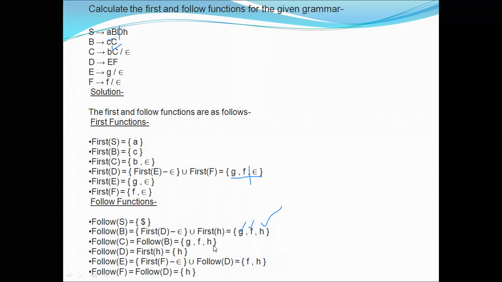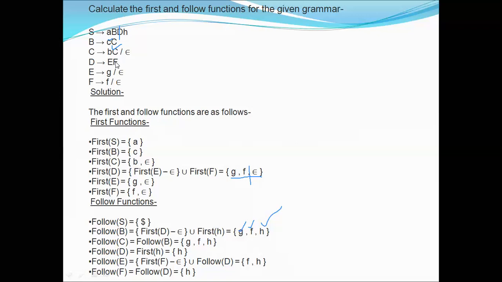So G, F, H. Okay. Now if you are finding the follow of D, D is available in this production here only. So D is following what? It is following H. So just include the first of H. It is a terminal. First is H only. So follow of D is equal to H only. Okay. So follow of E, where is E?